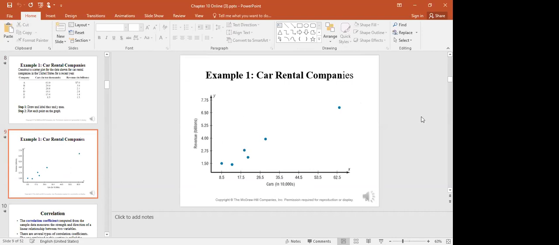So with this, we can feel like these points could get close enough to a line. So the relationship could be called a linear relationship.